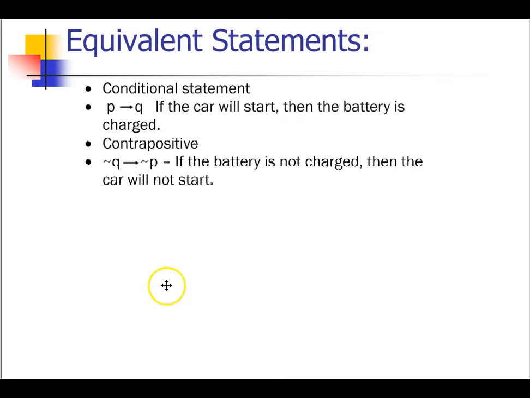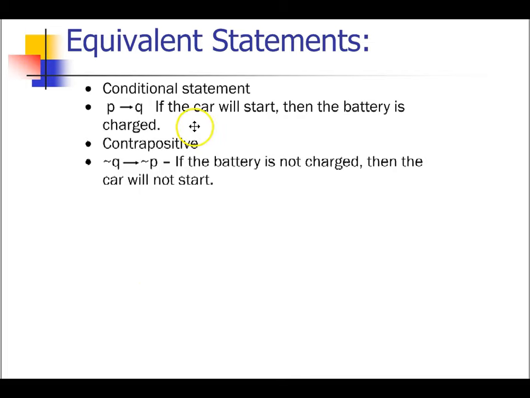It's important to know that a conditional statement and the contrapositive are logically equivalent. So as we move forward, it may be difficult to prove a conditional statement is true. But if we can prove that its contrapositive is true, it's like proving the statement.